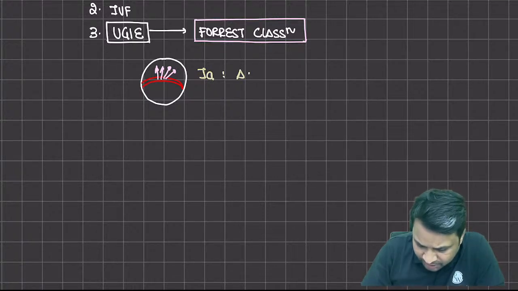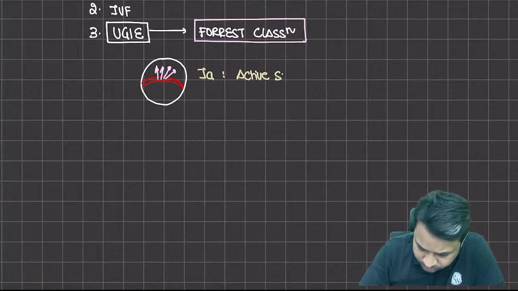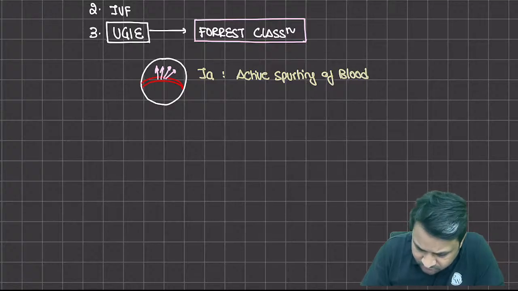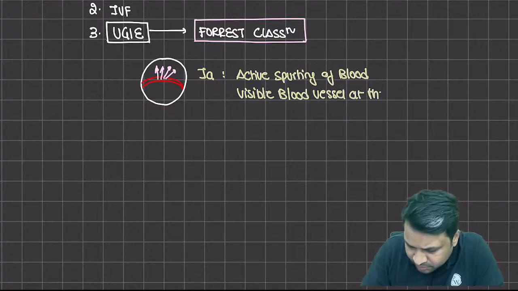So there is active spurting of blood with a visible blood vessel at the base of the ulcer.